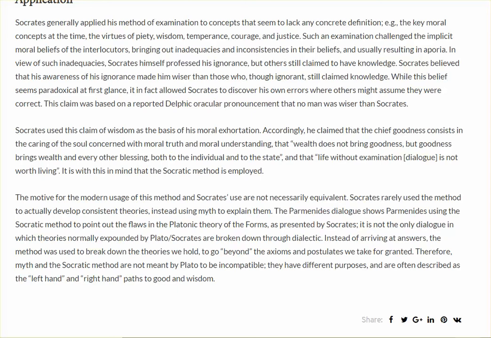So it's not to find an answer, it's to go beyond the axioms or postulates we take for granted. Therefore, myth and the Socratic method are not meant by Plato to be incompatible. They have different purposes and are often described as right-hand and left-hand paths to the good and to wisdom.